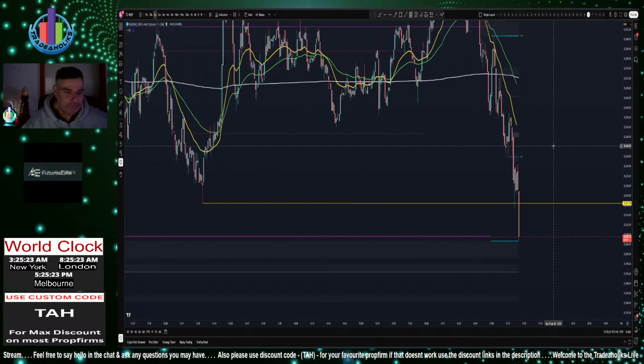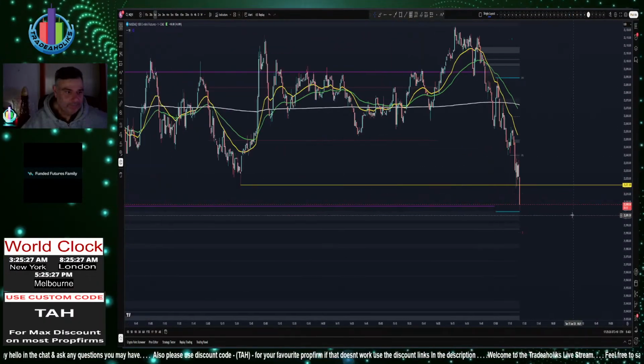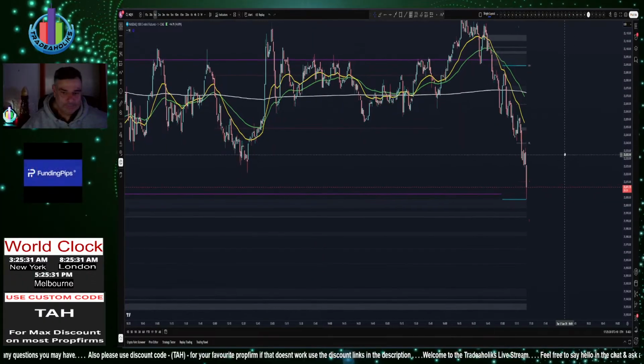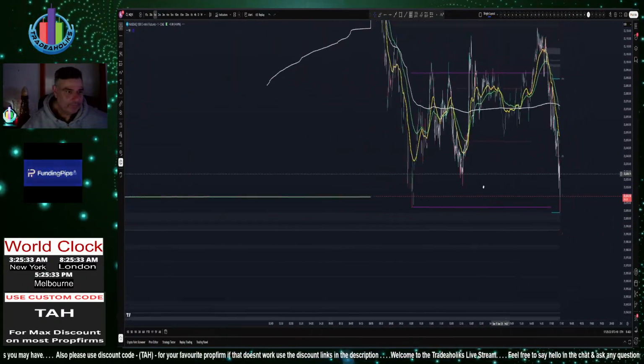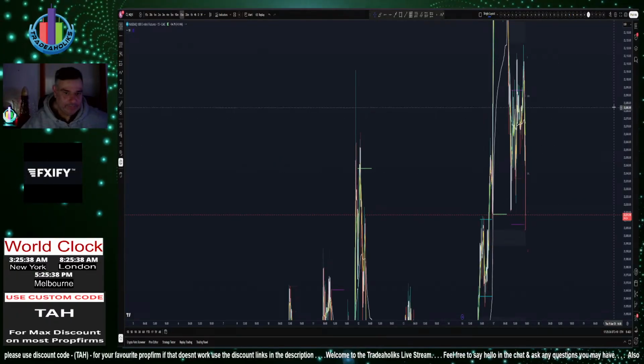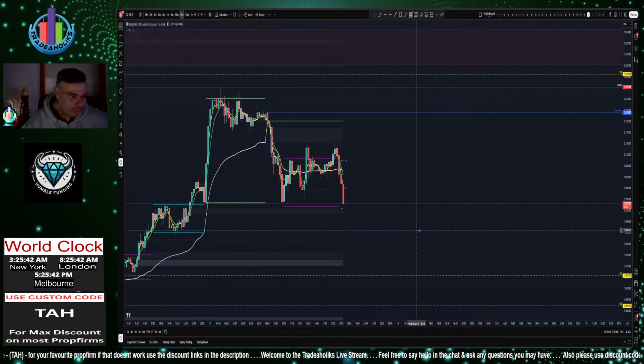Pushing further down now. Wow. Into that. Get rid of this line. Where are we going? Where are we going?